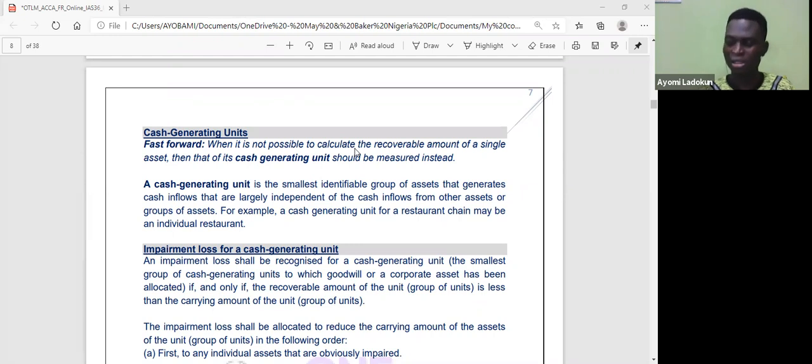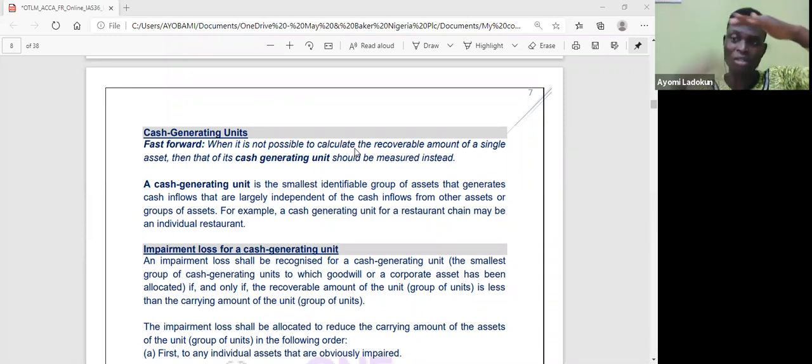Cash generating units are the smallest identifiable group of assets that generate cash inflows that are largely independent of cash inflows from other assets. So you need to group them together to know the cash they actually generate. If a cash generating unit has suffered impairment, how do I do that? The first thing I need to do is get my impairment loss. How do I get that?